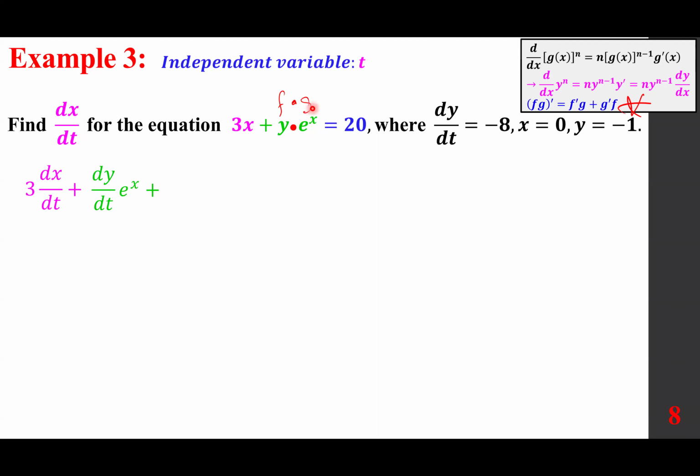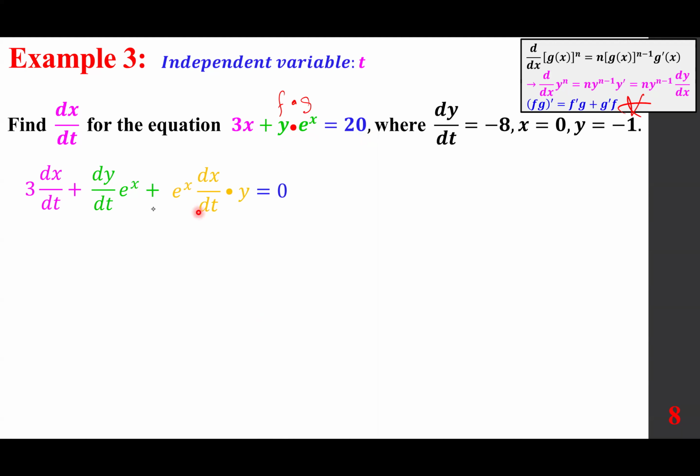So it's e to the power of x dx/dt times y. That would be the g prime f. The number results in 0 when you differentiate any number. And this is the end of calculus. Just plug in.